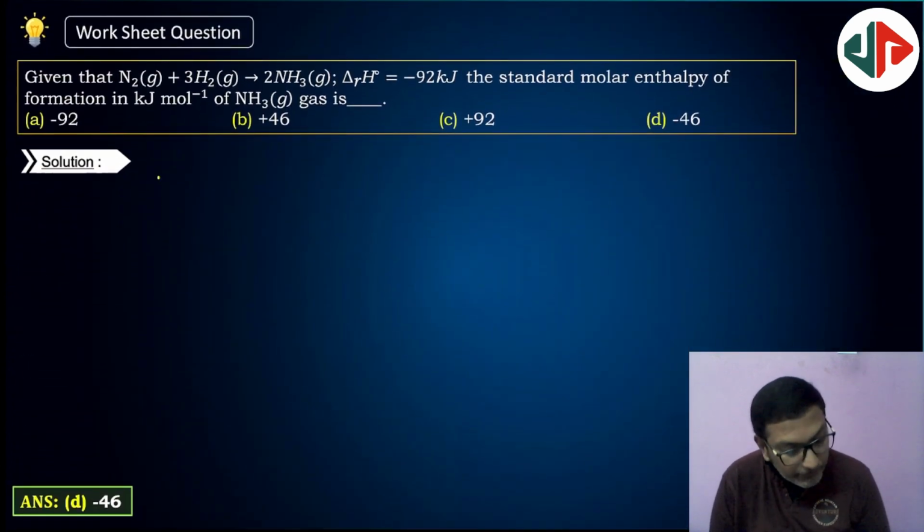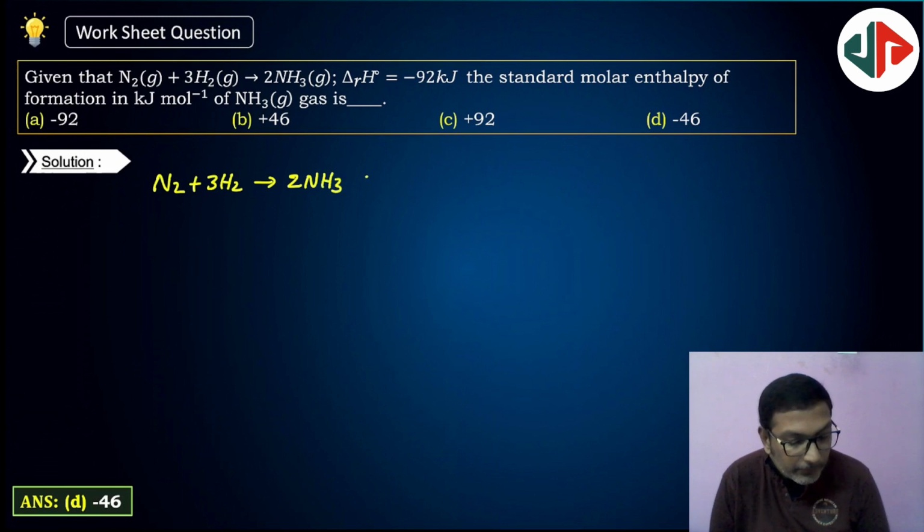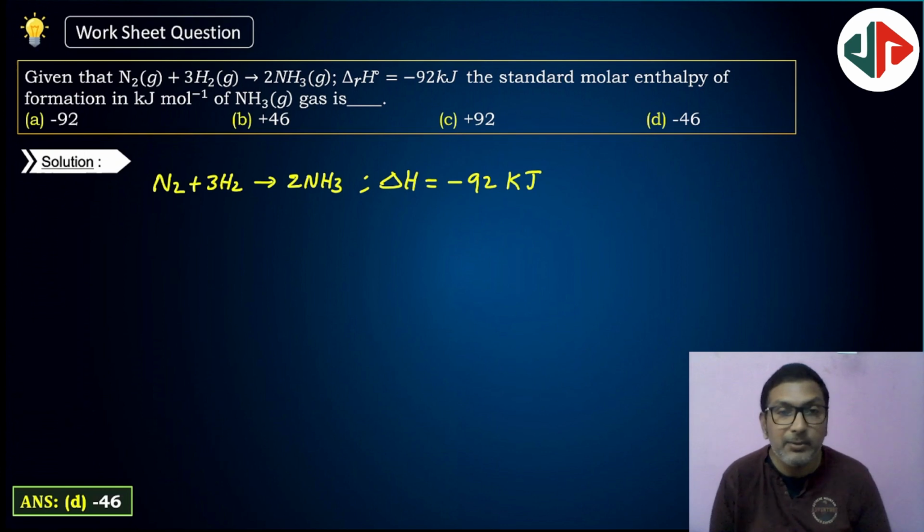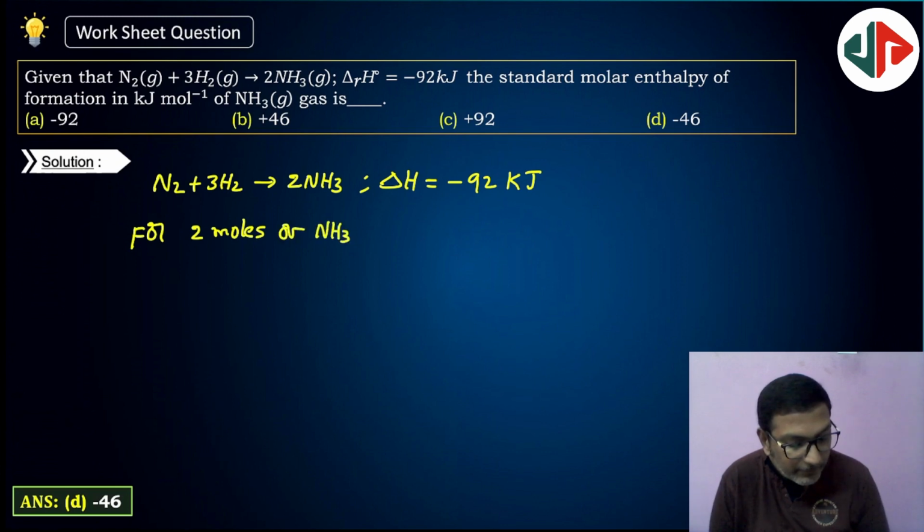Given N2 plus 3H2 gives 2NH3. Delta H of reaction is given as minus 92 kilojoules. From this we should calculate the standard molar enthalpy of formation. So for 2 moles of NH3, delta H equals minus 92 kilojoules.